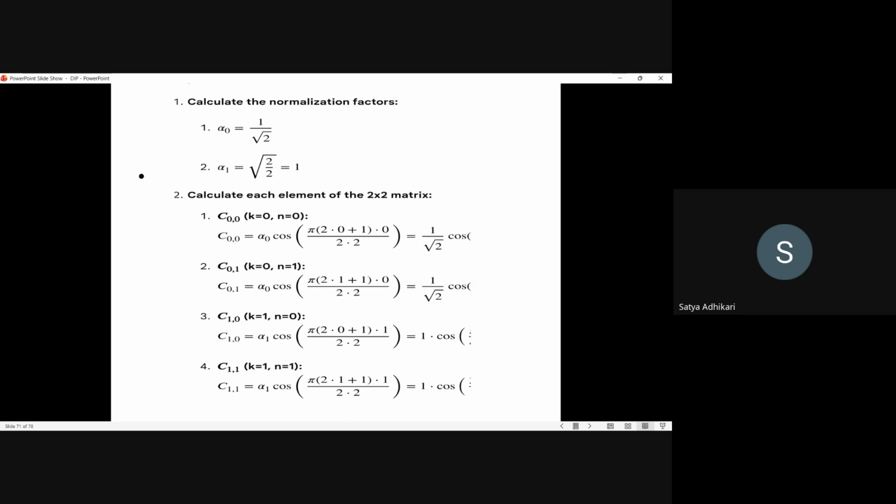So alpha_0 is 1 by root 2. Pi times the numerator is multiplied by 0, so the value is 0. So 1 by root 2 cos 0. It is not written there; I have to write there 1 by root 2 cos 0.